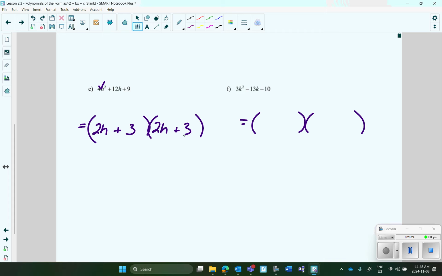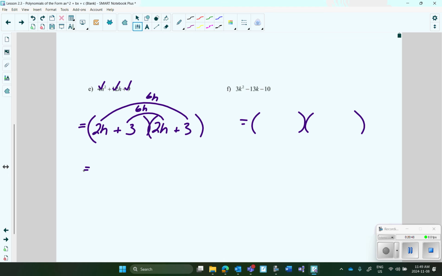Seems to be kind of obvious. So 6h on the outside, 6h after multiplying on the inside, which together make 12h. So 2h plus 3 and 2h plus 3. This is right.